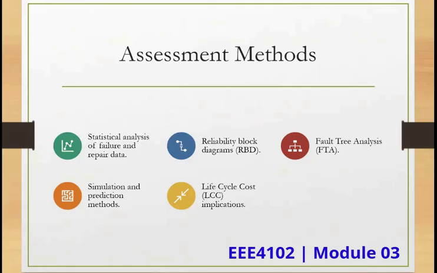Then number three, let's look at fault tree analysis, or FTA. It is a top-down deductive method, whereby you start with the top event. The top event here, for instance, is the system failure, and you work backward to find all the possible component failures or human errors that could have led to the top event.